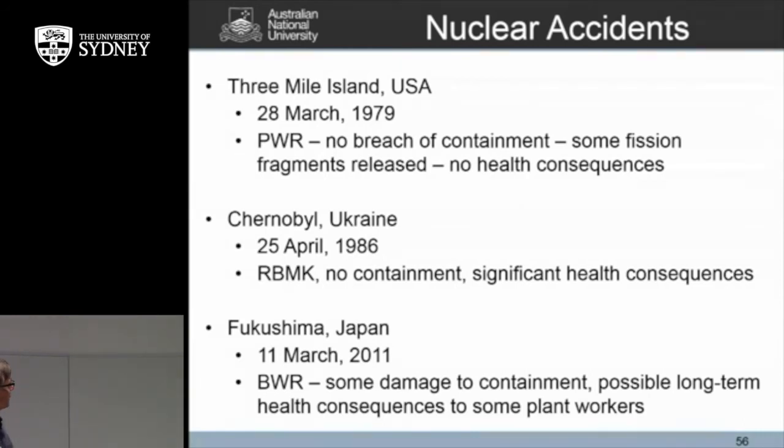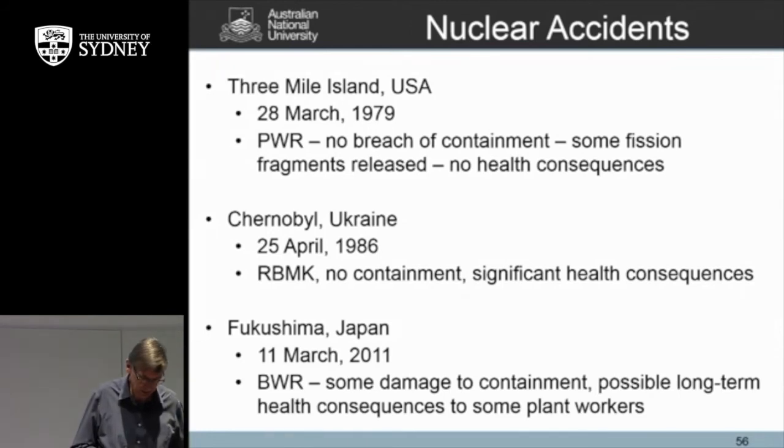Fukushima in Japan, tsunami, boiling water reactor, loss of coolant accident similar to 3 Mile Island, damage to containment. There has been radioactive waste release. It's very small compared with Chernobyl, but it's a huge mess to clean up.